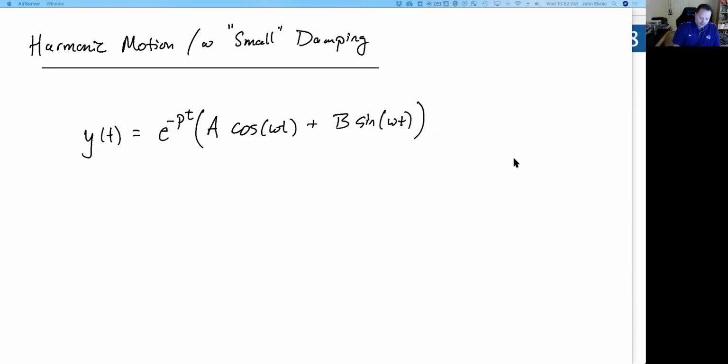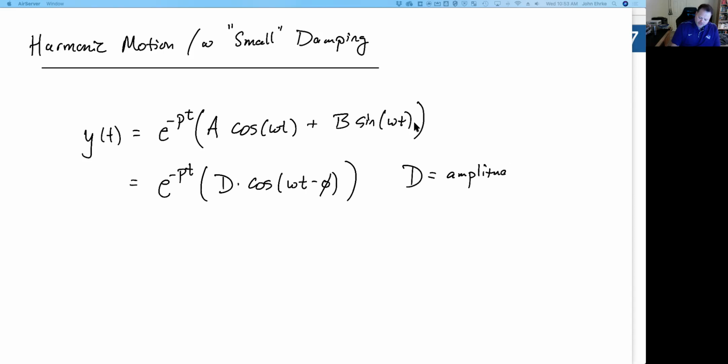We know from our conversation in class on Monday that anytime you have a wave with the same frequency, omega here is the frequency, I can rewrite this as some value, I'll say d, times cosine omega t minus phi. So I can write this as a single wave, where d is the amplitude of the standing wave.